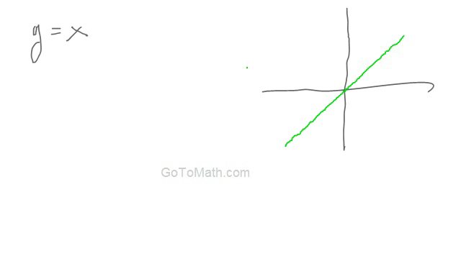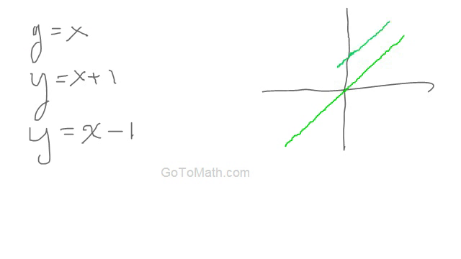And then we had y is equal to x plus 1, y is equal to x minus 1, and as you can see here, y is equal to x plus 1 is this whole graph shifted up 1 unit. Okay, these lines should be parallel. And then of course x minus 1 is a graph that shifted down 1 unit. Okay, shifting it up, shifting it down.